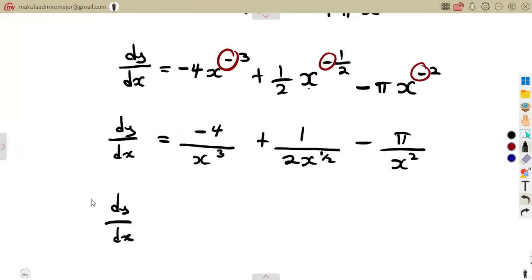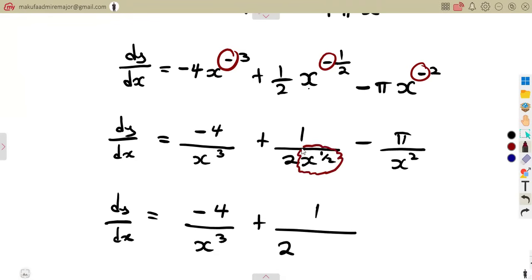So that's therefore the derivative of y with respect to x was going to be -4 over x to the exponent of 3 plus 1 over 2. This is the one that we are working with. X to the exponent of a half, that is the square root of x. This is the said form.